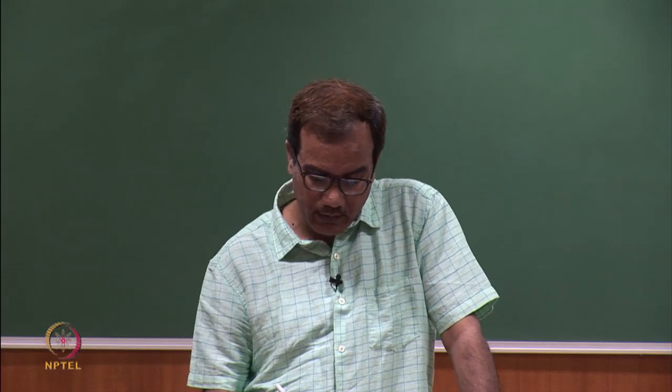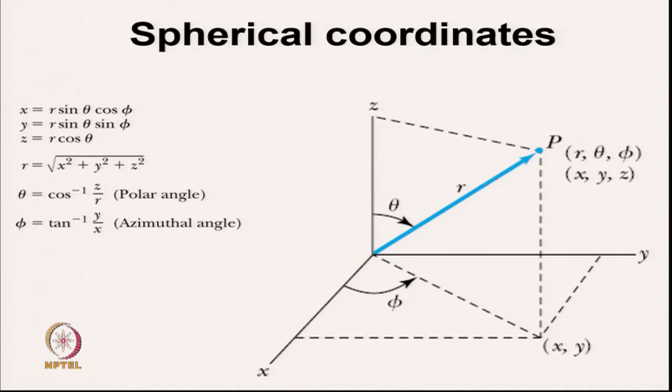So, let us assume that this is your rigid rotor, and here is your atom, and this distance is r. Theta is the angle with the z axis. If you take the projection of this on the xy plane, then phi is the angle between x and this projection.